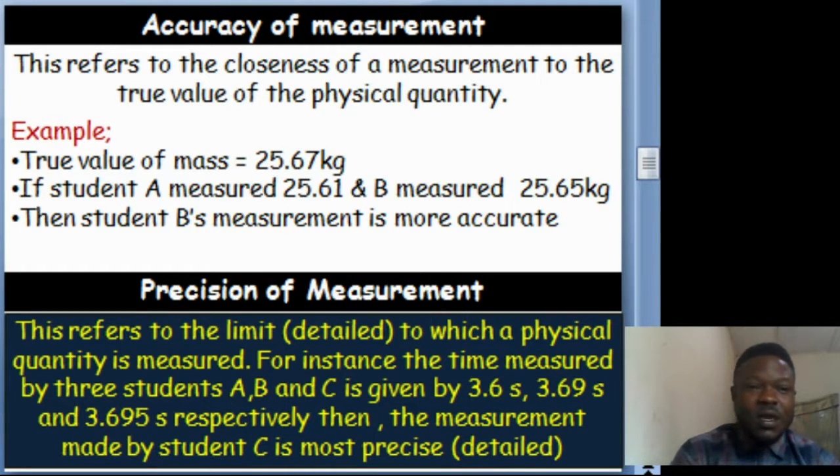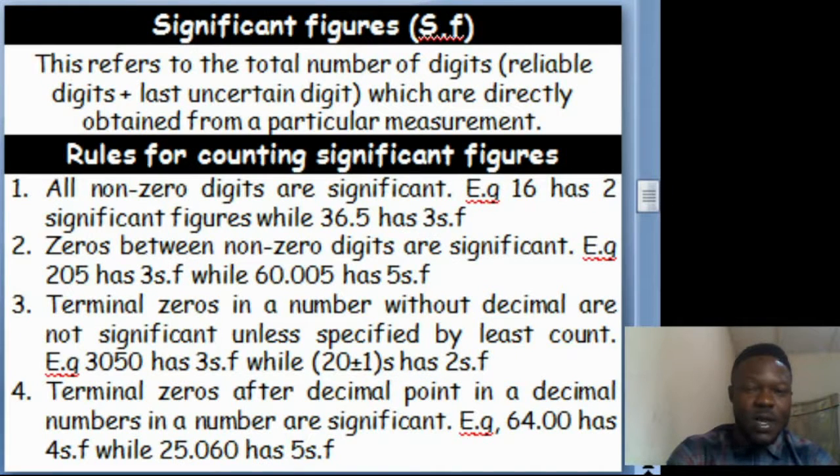You can see the one that gives us the most precise value here is student C with 3.695 seconds, which gives us a resolution of at least 0.001 seconds. So which means instruments that have the lowest least count value have more precision. That's what you should learn from here.